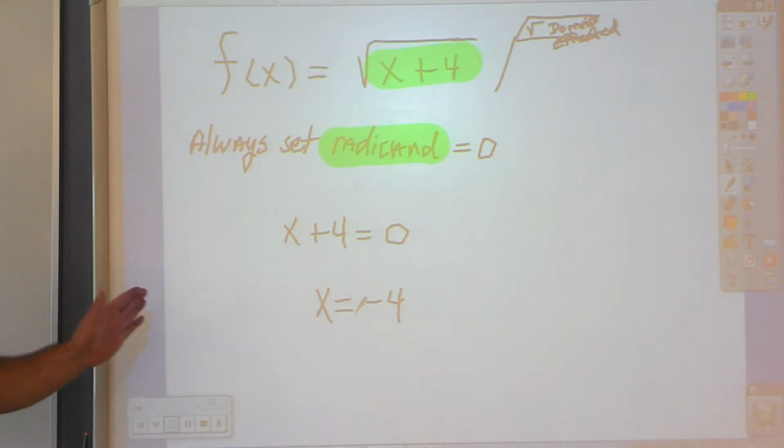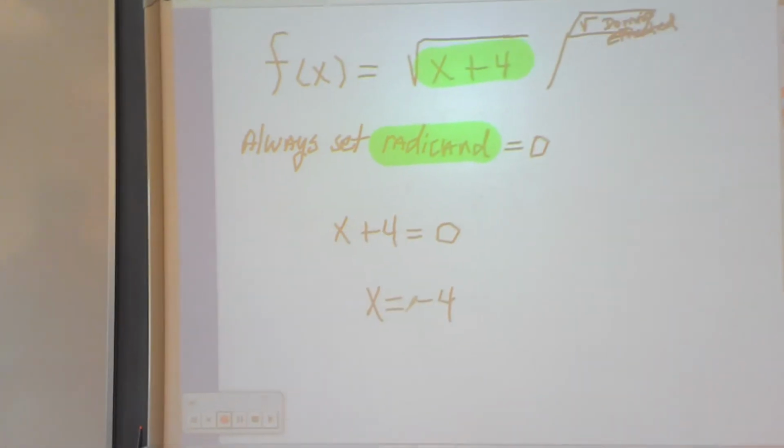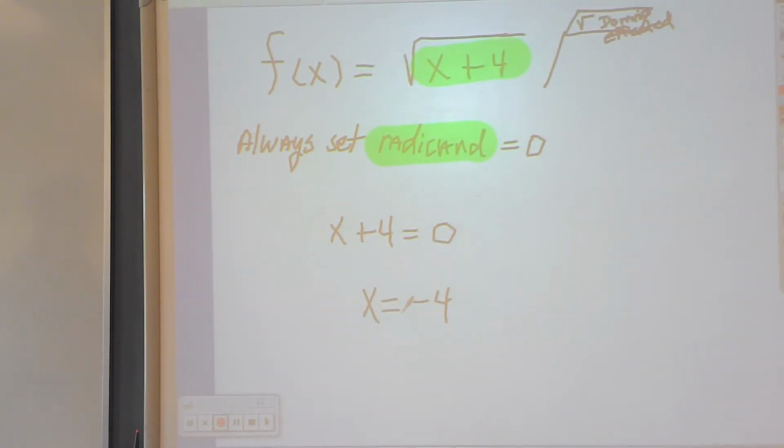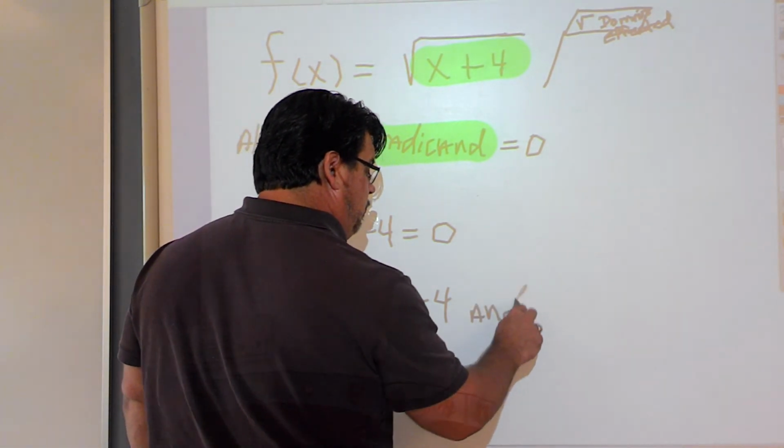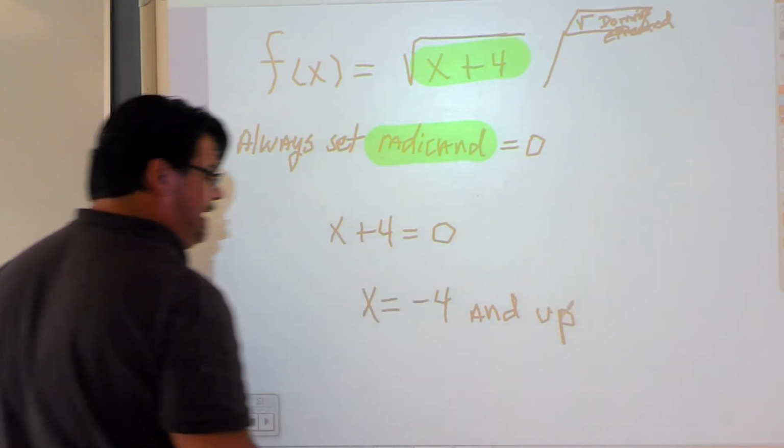What does negative 5 give us? That's not rhetorical, I'm asking y'all. It gives us a negative 1. What does negative 6 give us? Negative 2. What does negative 7 give us? And it goes on. So what numbers can I use? I can use negative 4 and up. What can I not use?